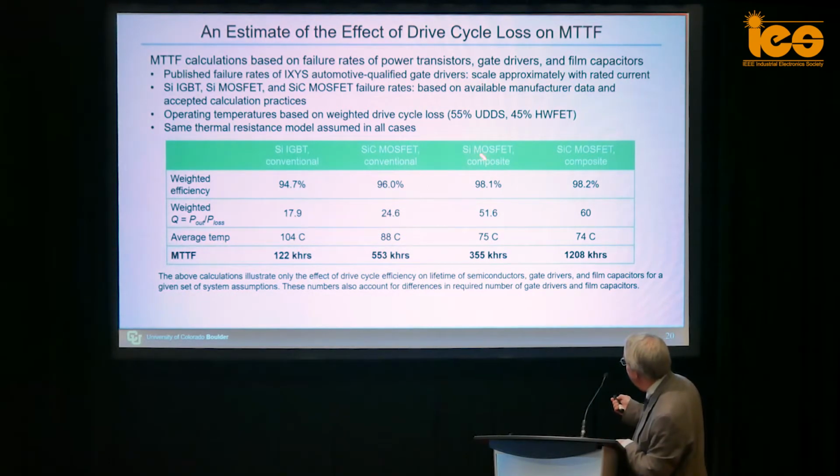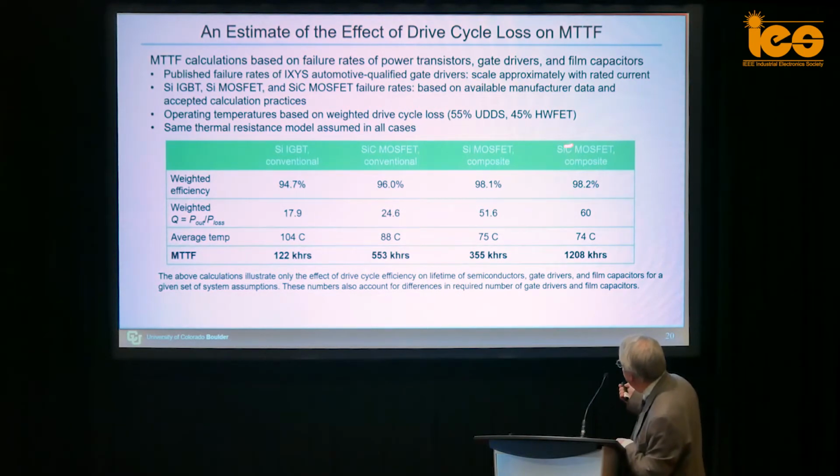So the silicon MOSFET composite approach has maybe a ×3 improvement in mean time to failure, even though you may count more devices. The silicon carbide MOSFET in the brute force replacement does even better on this standpoint, because the silicon carbide devices need smaller gate drivers. There's smaller capacitance for the same power, and that has some significant benefit.